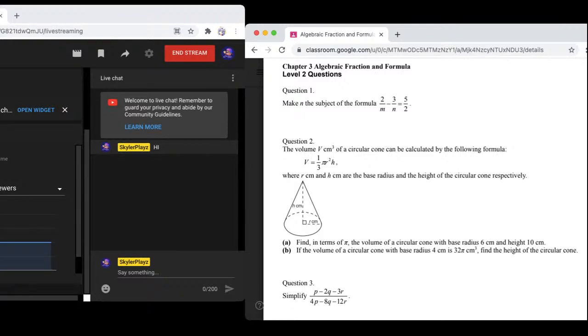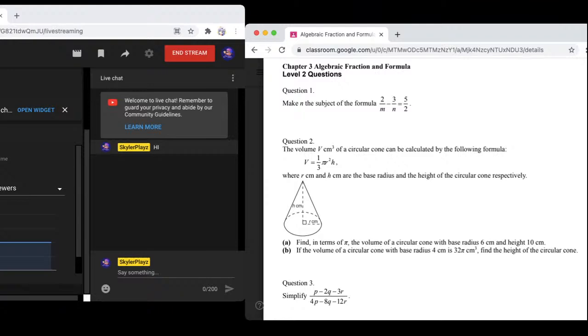V is equal to 1/3 pi 6 squared times 10, equals 120 pi. So the volume is 120 pi cm cubed.